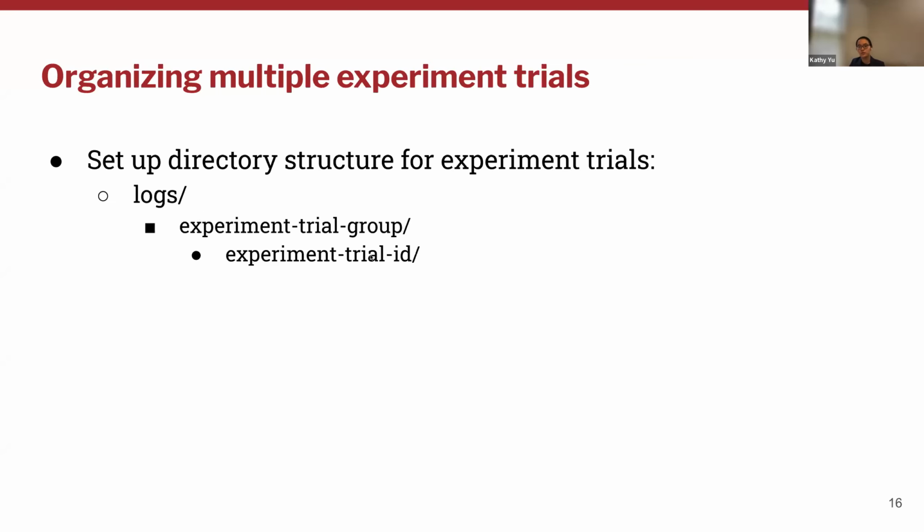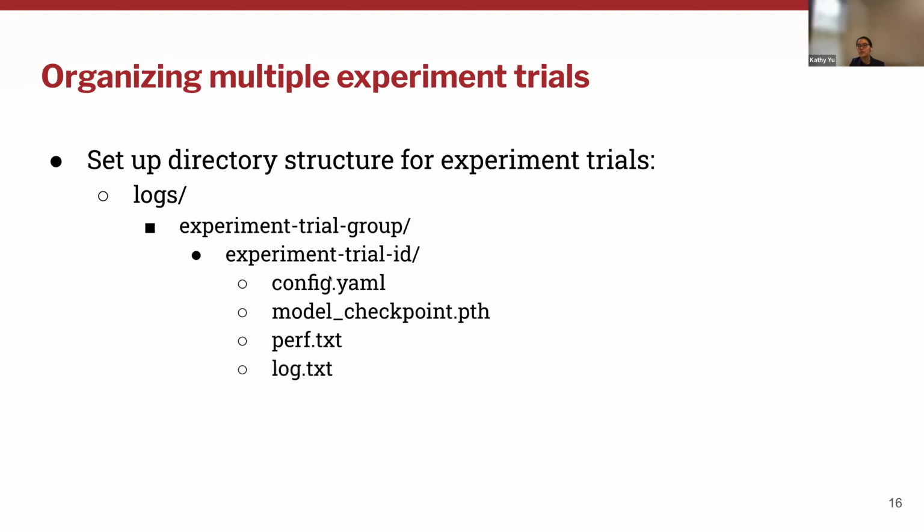Then within this group directory, we want to have a separate directory for every trial that we're running. Recall in the walkthrough that I just showed you, this will correspond to, let's say, demo 01, so that's trial number 1. And within this directory, we can save the configurations, the model checkpoints, the final model performances, as well as a bunch of intermediate logs.